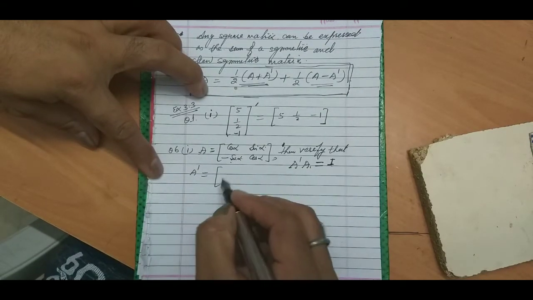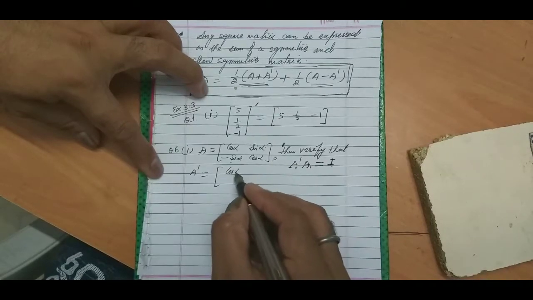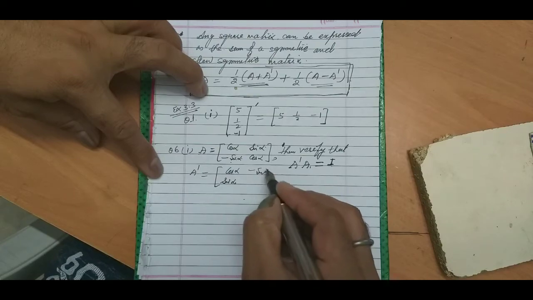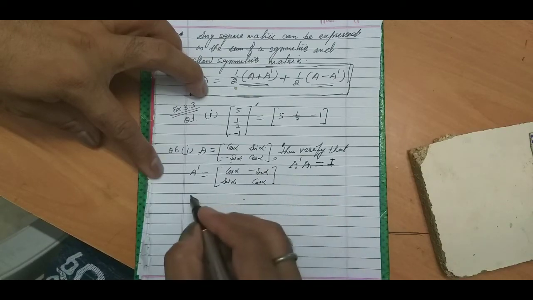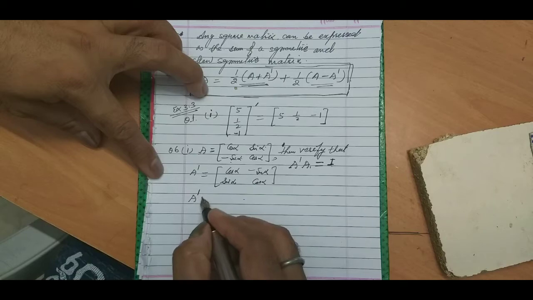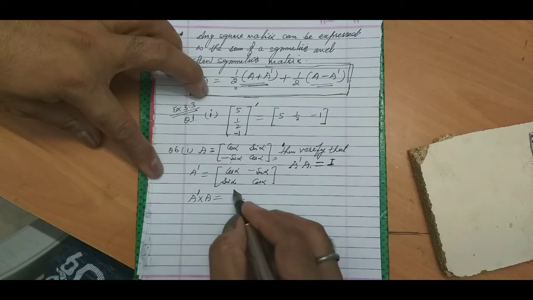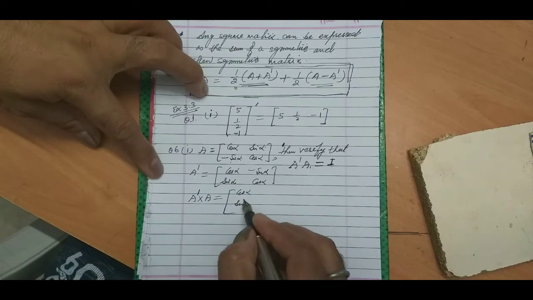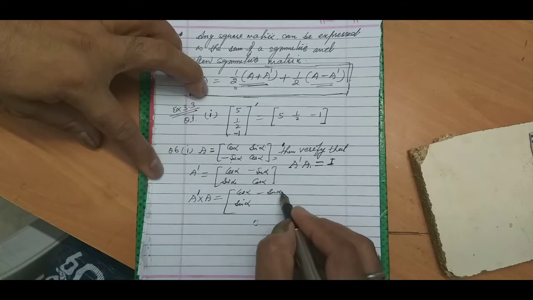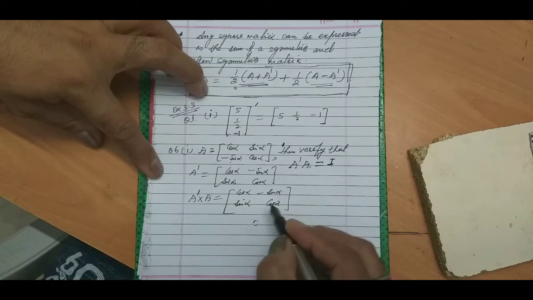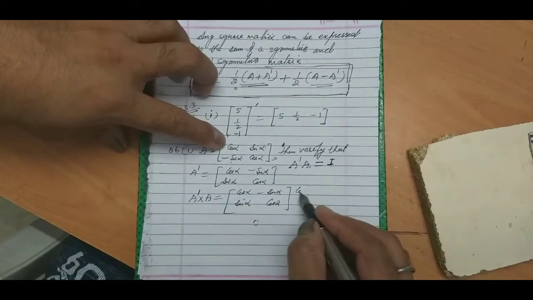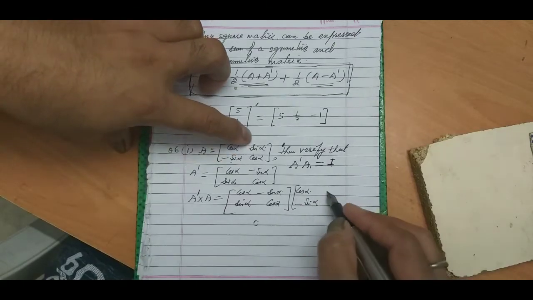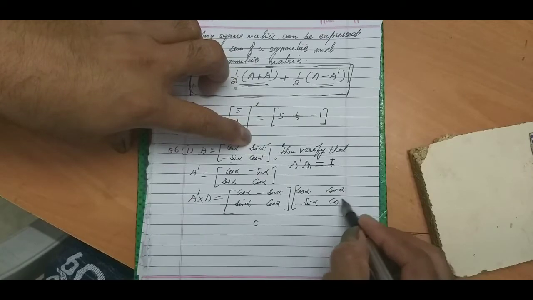A dash, the first row will become first column, cos alpha, sin alpha, minus sin alpha, and then cos alpha. Now transpose of this matrix into the main matrix, so that is equal to this matrix, cos alpha, sin alpha, minus sin alpha, and cos alpha. And then matrix A is this one, cos alpha, minus sin alpha, cos alpha.